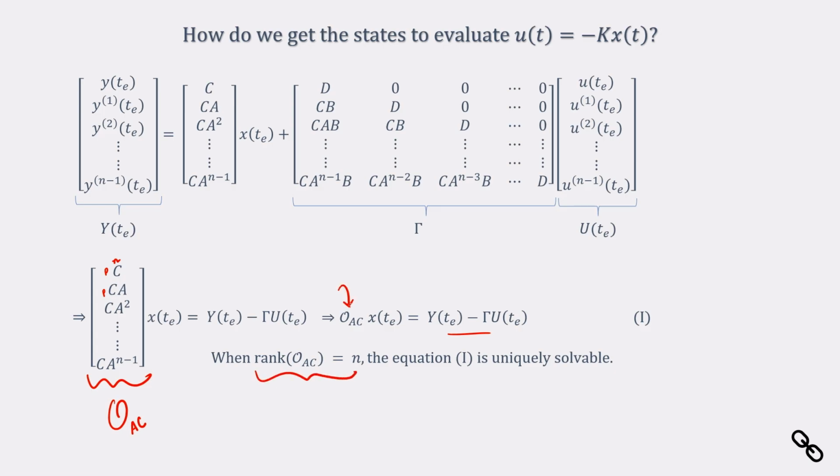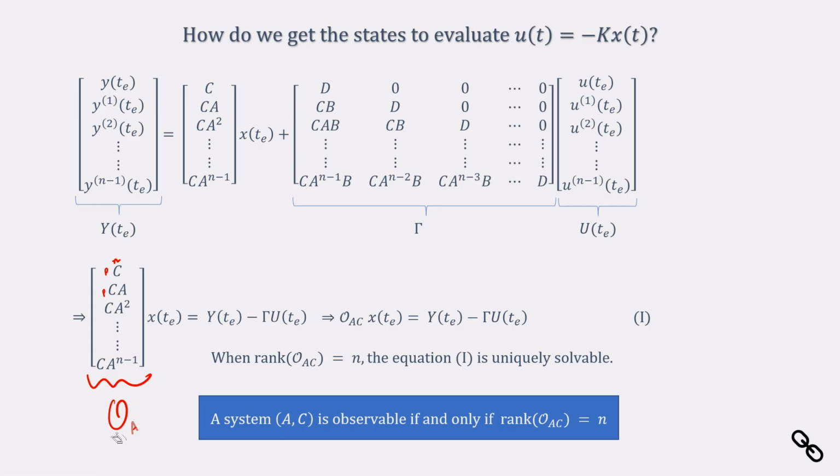Because n is the number of unknowns here, if the rank of the matrix O A C is n, then the system of equations is uniquely solvable.